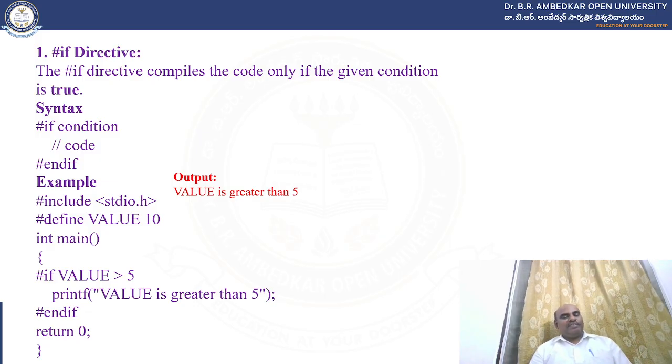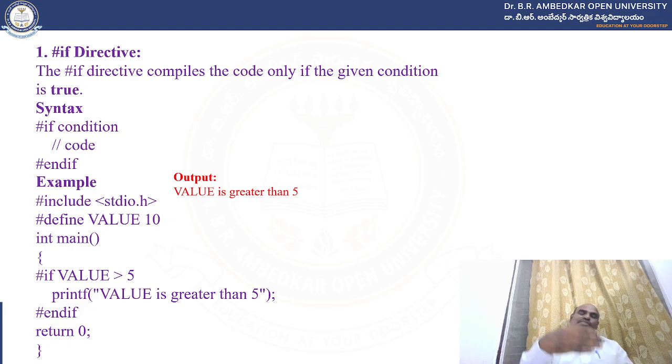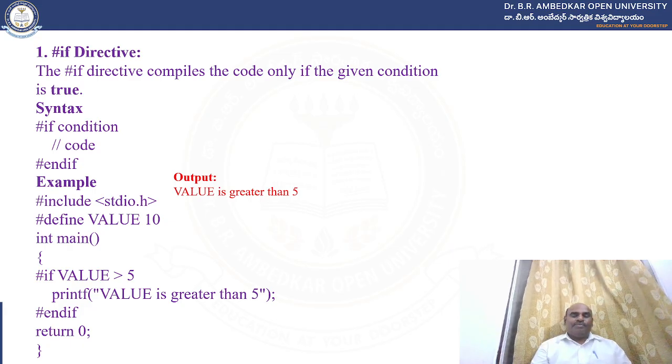Now I'm taking the value here. Value is 10, into main. If value greater than 5, print value is greater than 5, endif, return 0. Here the value is defined and fixed; I told you x is some fixed value.